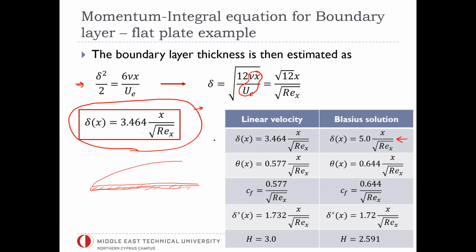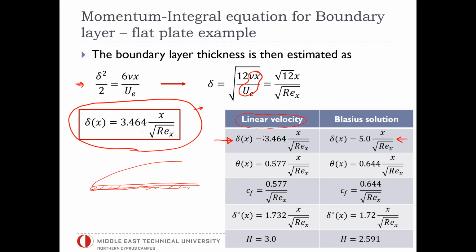This very crude approximation of assuming a linear relation gave us 3.464 times this. So this means that this very crude approximation, first of all, without going into all the complex Blasius mathematical solution, gave us a quick result, which is different than Blasius's more correct solution, but it's not that bad.